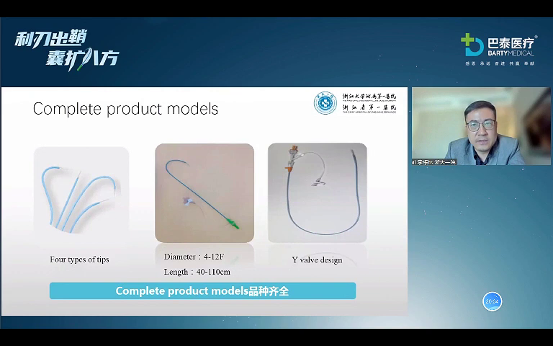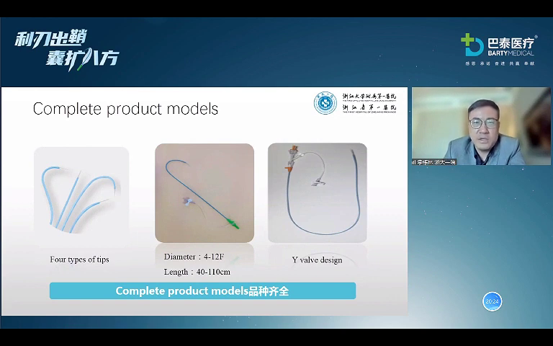For peripheral, it's less challenging, and you can see this is a complete product model range. We have different tips: straight ones, curved ones, and ones for crossover in treating visceral lesions.